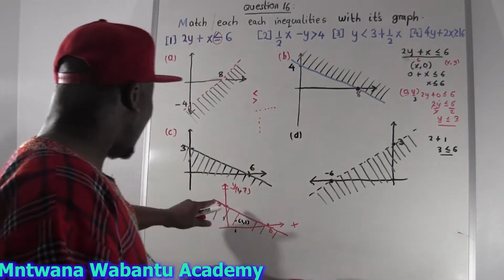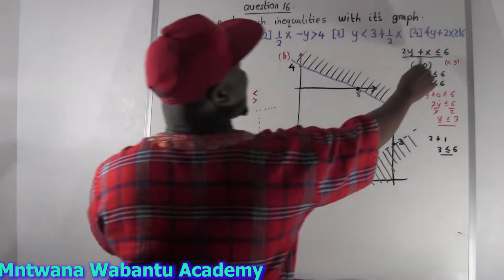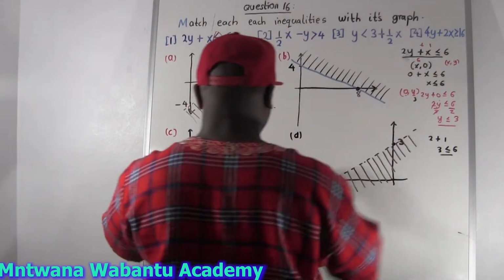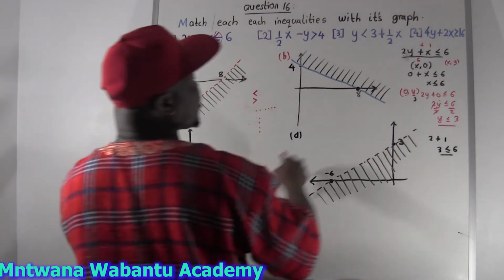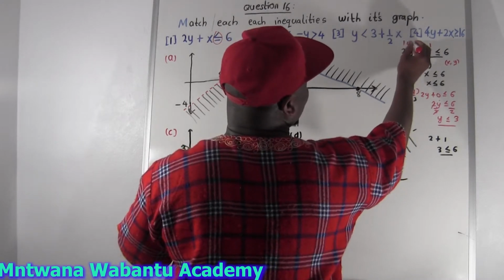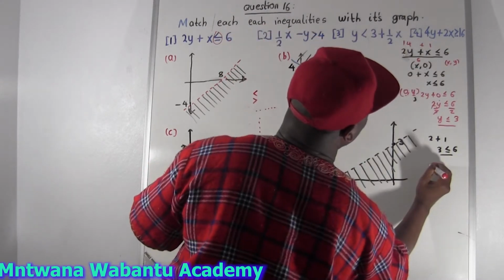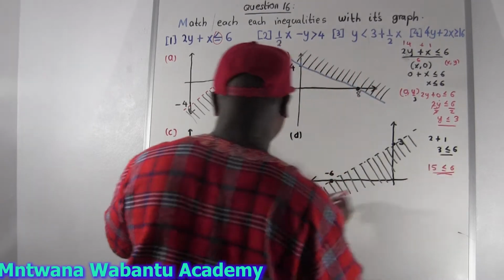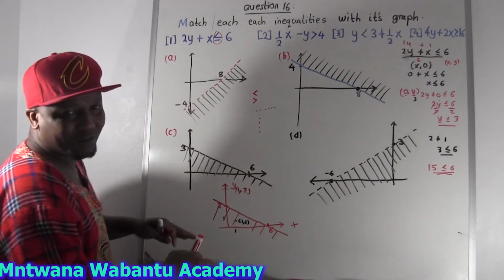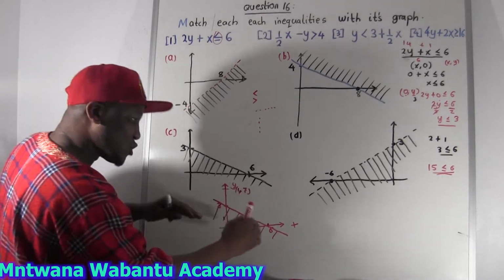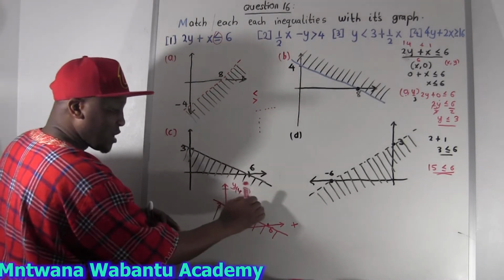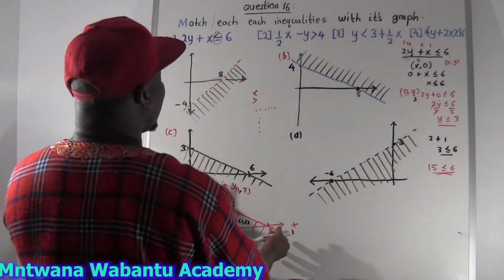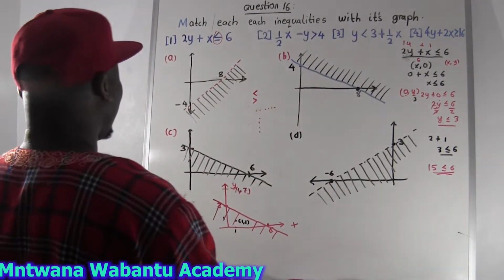What is x? x equals 1, so we put 1 here, plus 2 times y. y equals 7, 2 times 7 is 14. So 14 plus 1 equals 15. Is 15 less than or equal to 6? No, it's not true, so you cannot shade above because it's not true. We're supposed to shade where it's true. So it doesn't matter where you pick the point, you know?